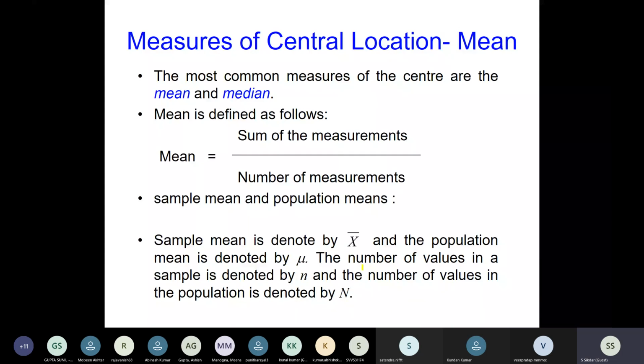The number of values in the sample is denoted by n, and the number of values in the population is denoted by capital N. These are the usual notation, most of the time used. Some books or other references may have their own choice, but the only thing for you is the understanding. If you understand what you are going to do, then it would not have any problem.